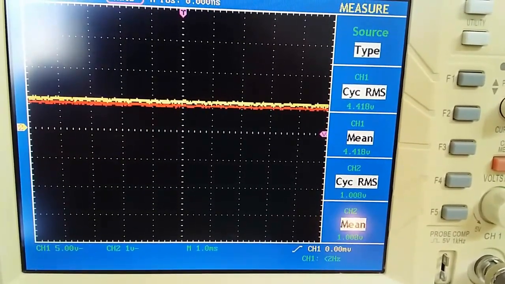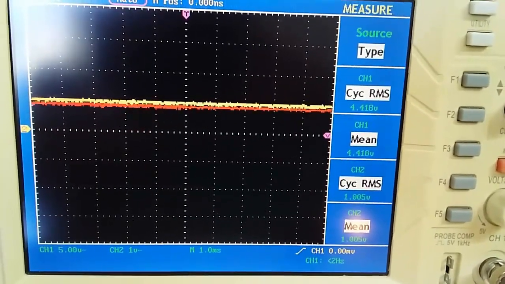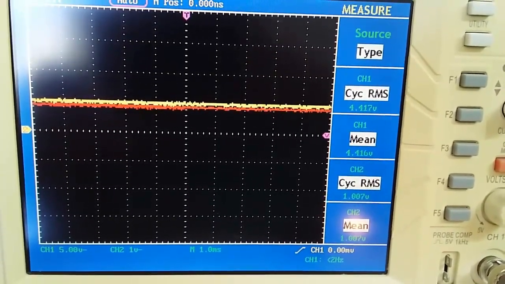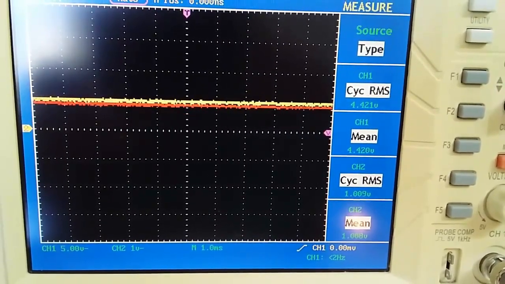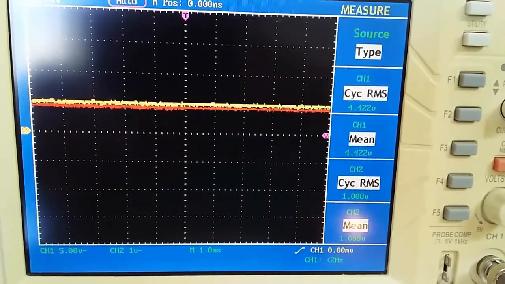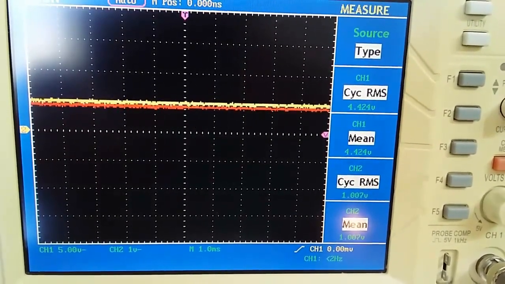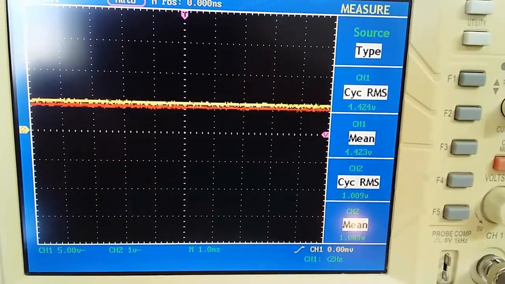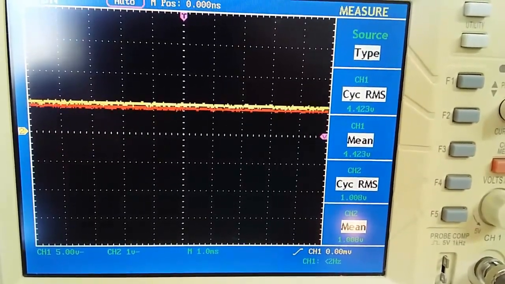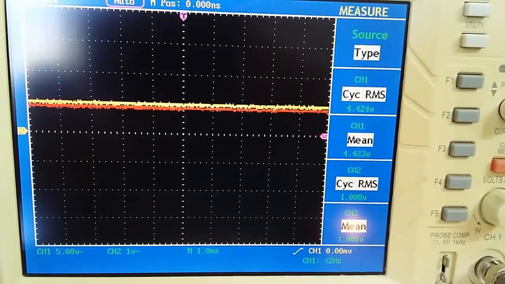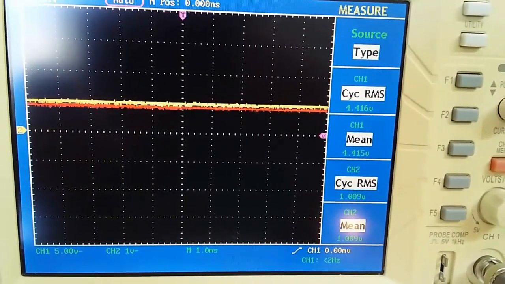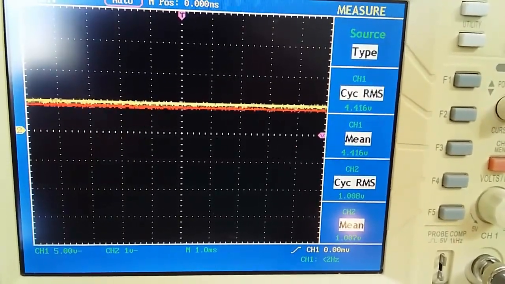There might be some ripple in it sometimes, the odd little up or down due to line issues or interference, but basically it's going to be the same. So you can see measurements for DC with a linear load are pretty much the same between mean and cyclic RMS.